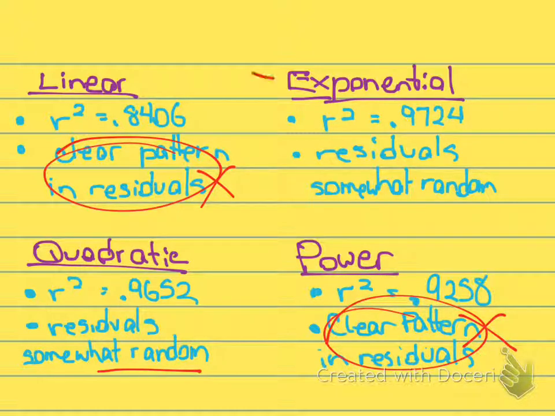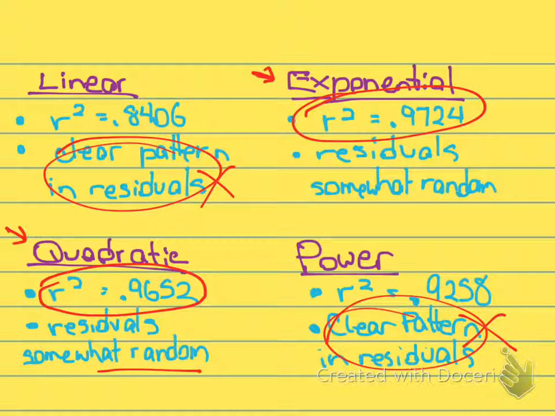We want to look at the exponential and the quadratic. Now, both of the residuals plots were somewhat random. One might have been more random than the other. It's a little bit hard to tell. But the best we can do, since we can classify them both as somewhat random, at this point, in order to make the decision about which model is the best model for these data, we would need to look at r squared.